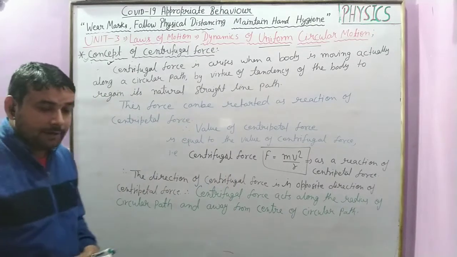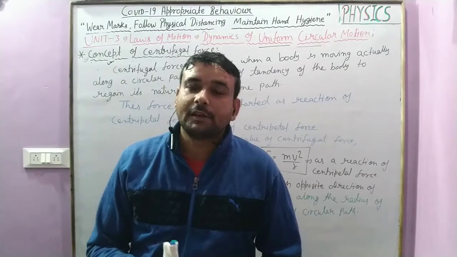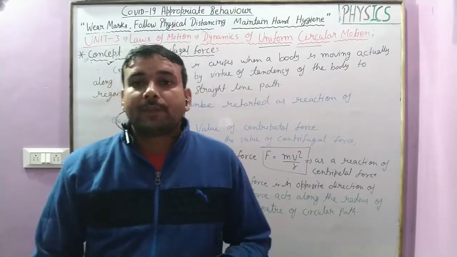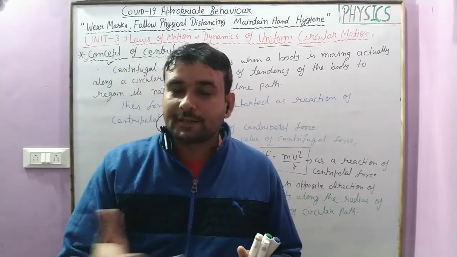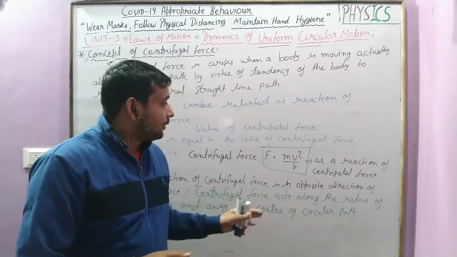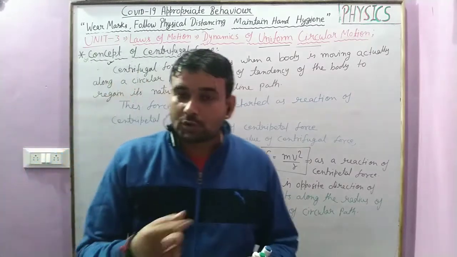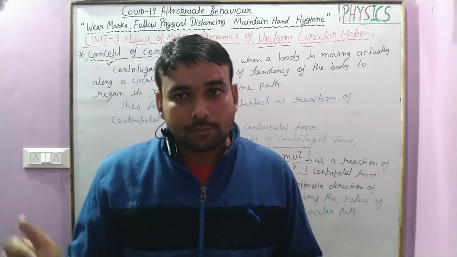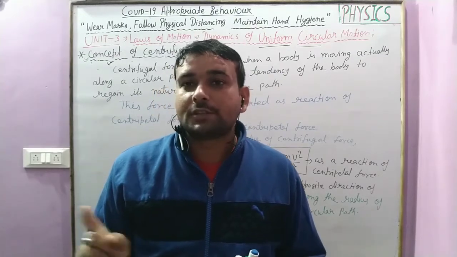This is centrifugal force. And an example where centrifugal force works is when a car is moving in the death well, then the force acting on the car is centrifugal force, not centripetal force.